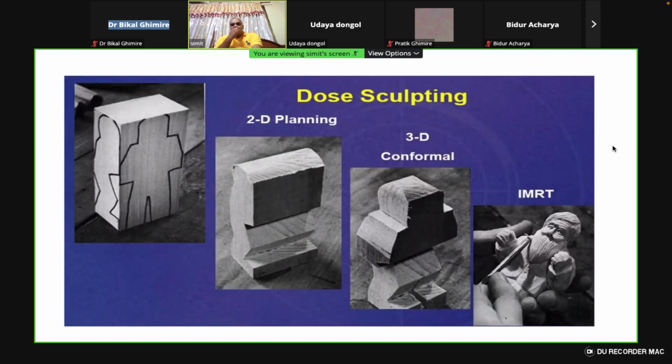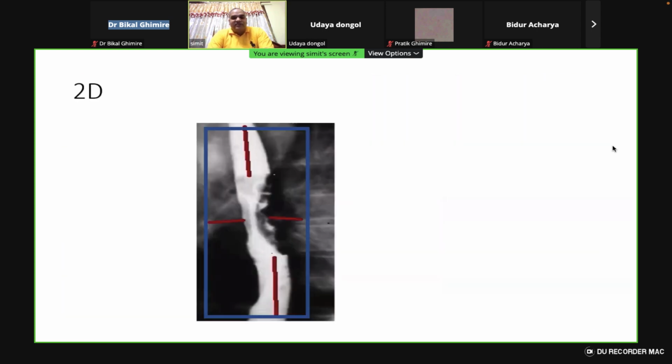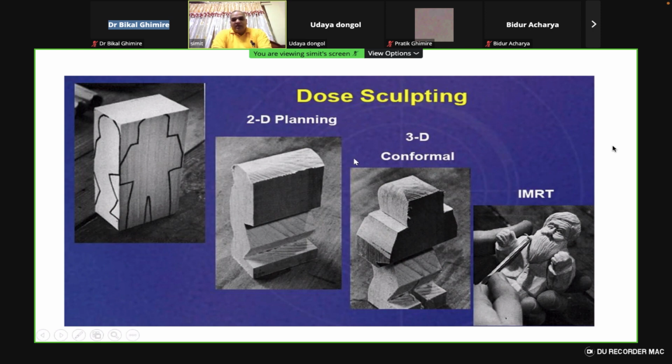So what actually is this 2D, 3D? It's basically dose sculpting. If you see the first block, it's a gross one, the rectangular block. As we progress in our radiation treatment plan, we sculpt the dose accurately around the tumor. In 2D, there is some form of sculpting, but it's very gross. In 3D, you can see there is sculpting. We know the shape of the tumor, but it's IMRT, which is the form of radiation, where we actually sculpt the dose around the tumor.